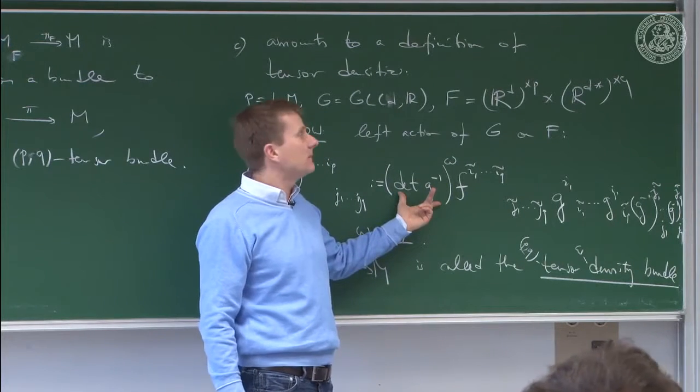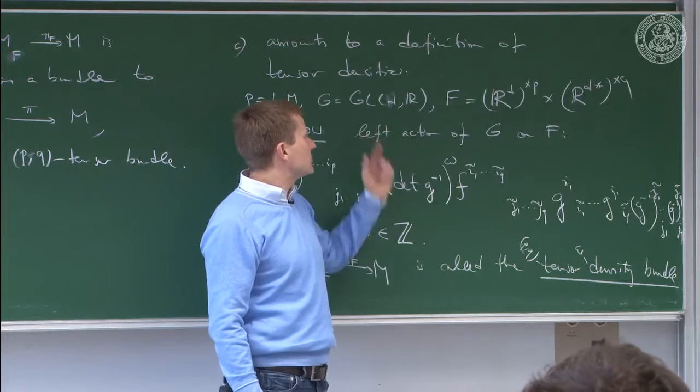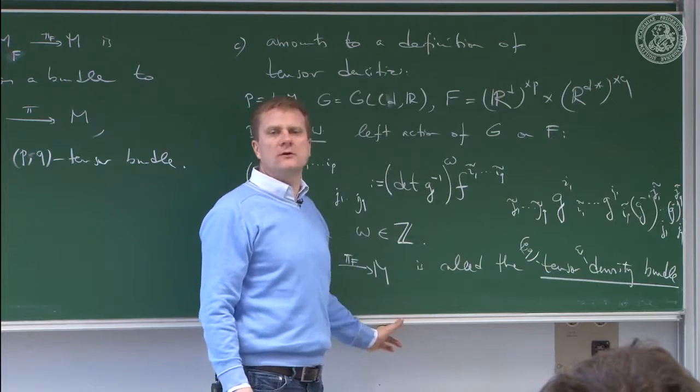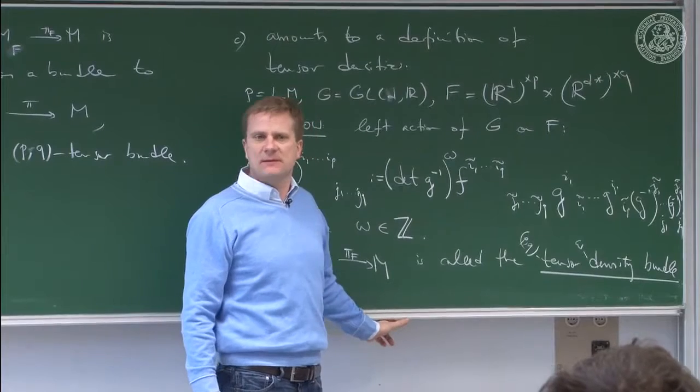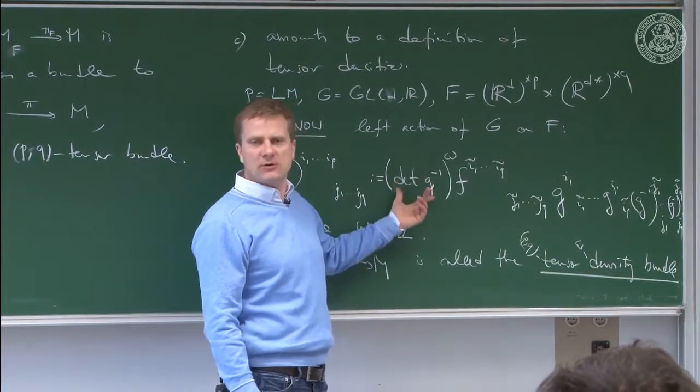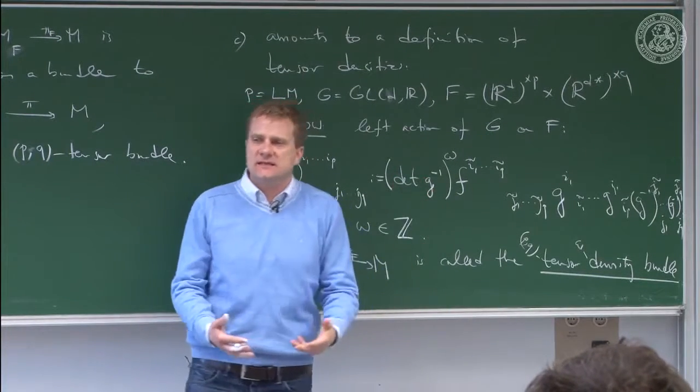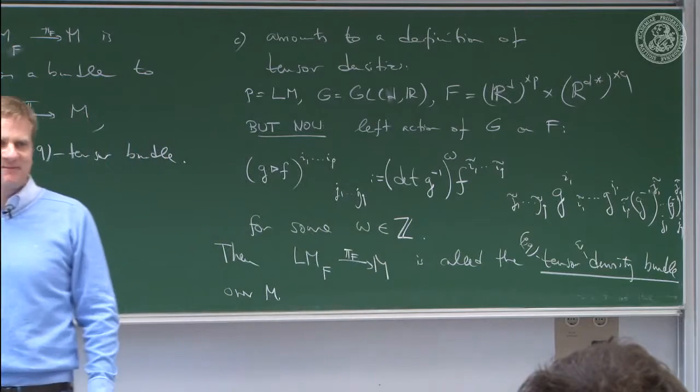For instance, if you choose as the group not the general linear group, but the orthogonal transformations with respect to some metric, they have determinant 1, and then you don't see the tensor property.